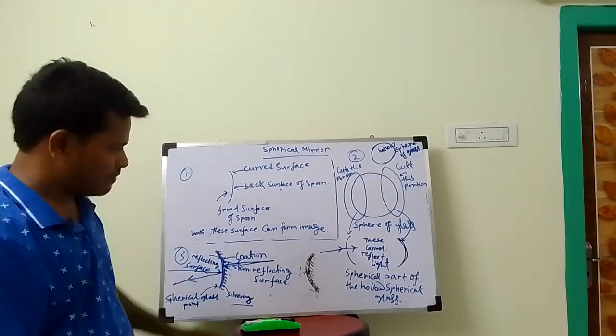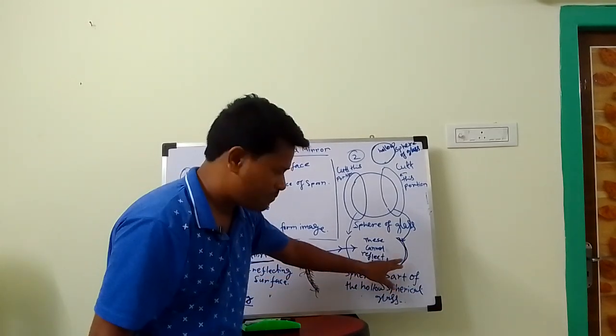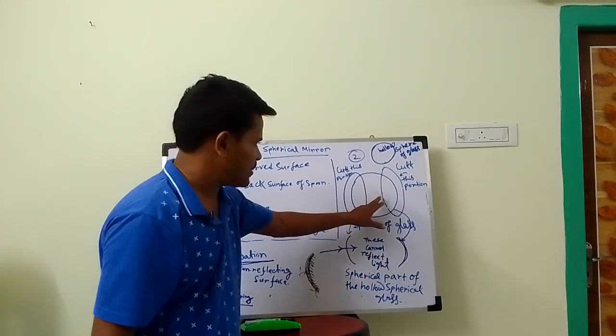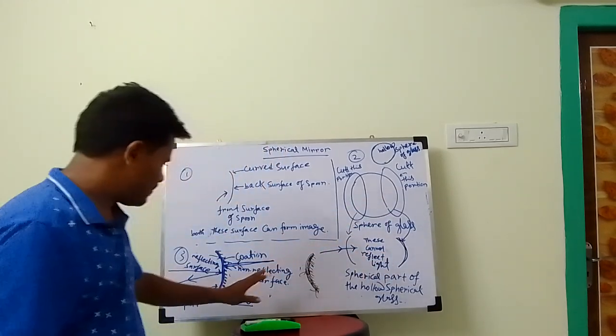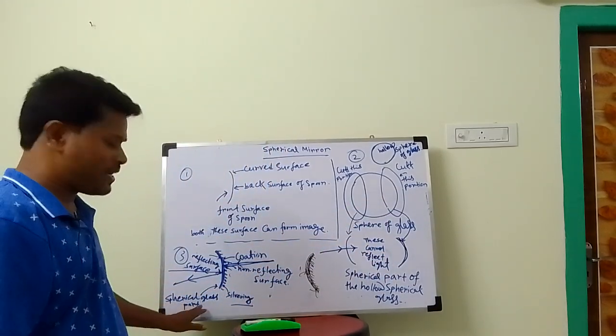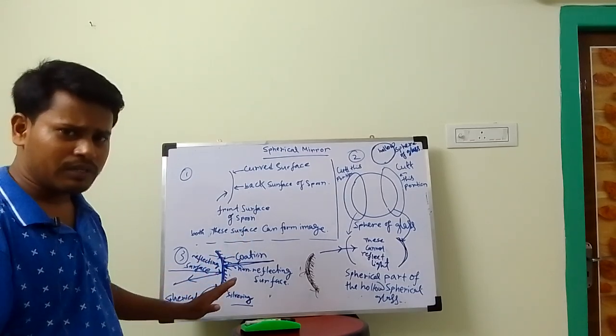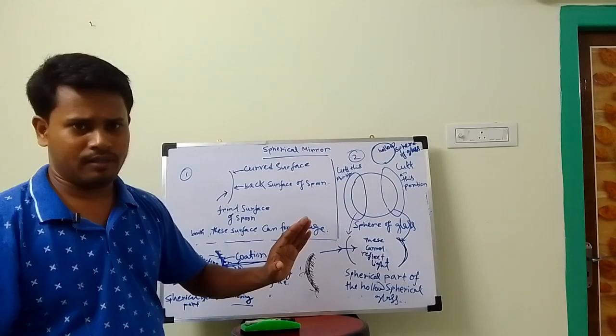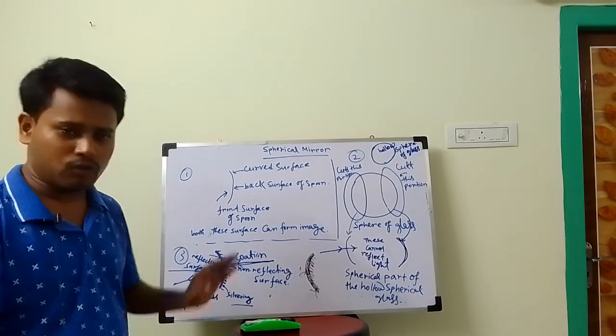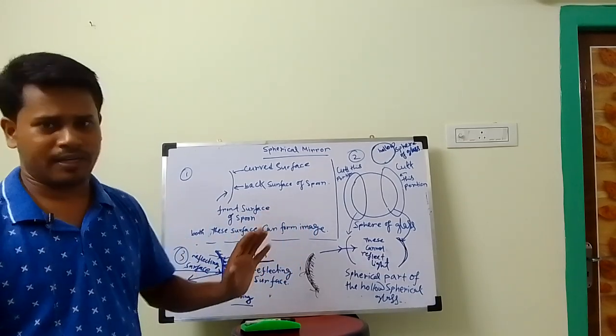So now this spherical part, which is obtained from the hollow sphere of glass, becomes a spherical mirror. Why is it a spherical mirror? Because it is a part of the sphere. So it can be called a spherical mirror.